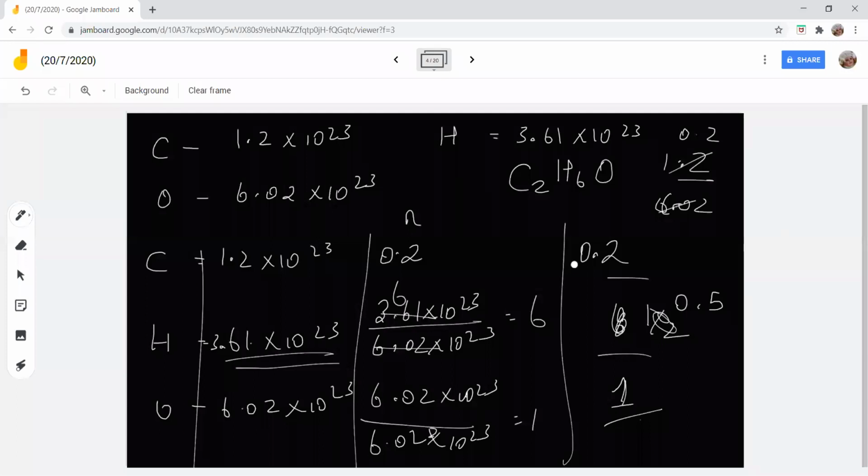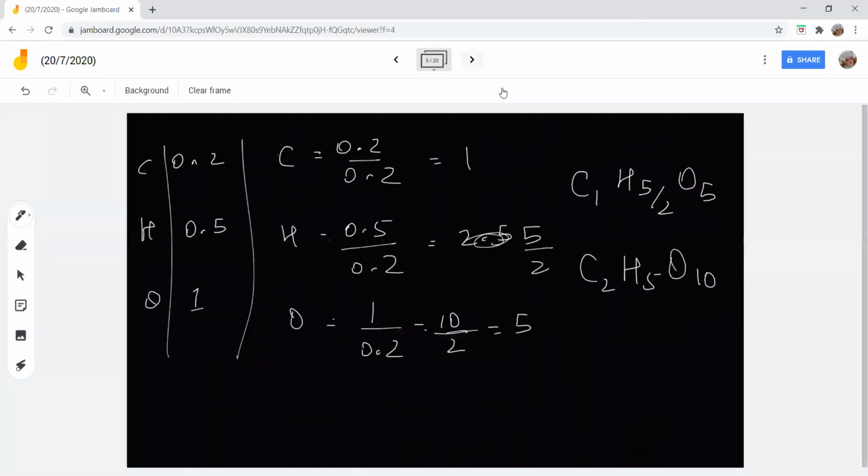Ma'am, in that hydrogen 0.5 by 0.2 is equal to 5 by 2, no, ma'am. We can further simplify and write 2.5, no, ma'am. Yes, you can write it as 2.5, but I need it in whole numbers for the empirical formula. So I'm writing it as 5 by 2. So 1 is to 5 by 2 is to 5.